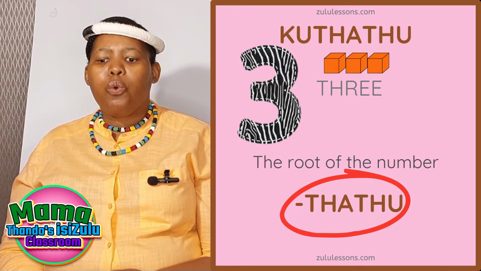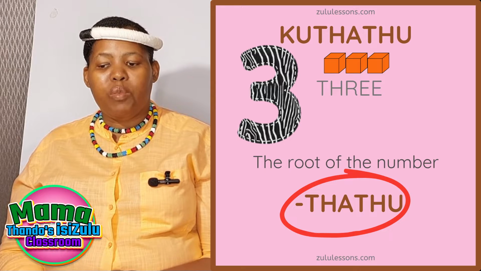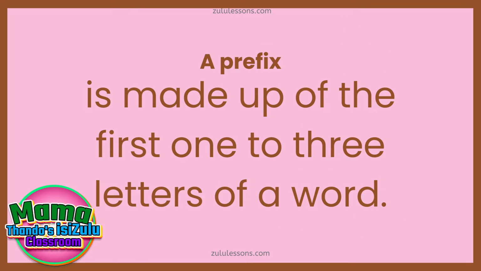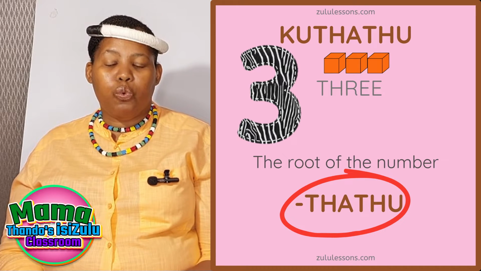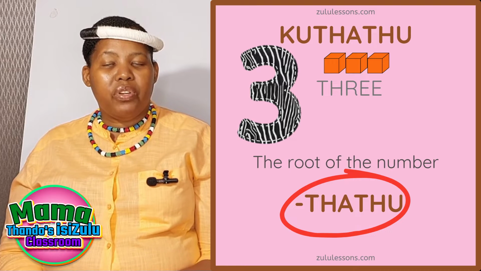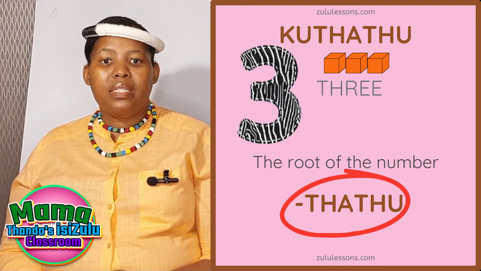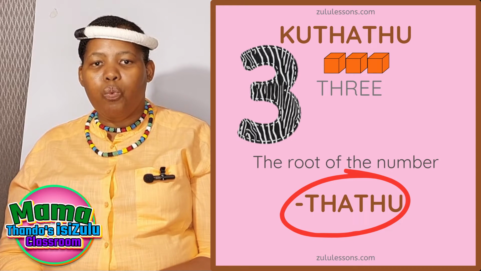Kuthathu. We will only use the root of the number and leave the prefix behind. A prefix is made up of the first 1 to 3 letters of the word. For the number 3, which is kuthathu, the prefix is ku, and the root of the number is thathu. And that is one you will see with the adjective.